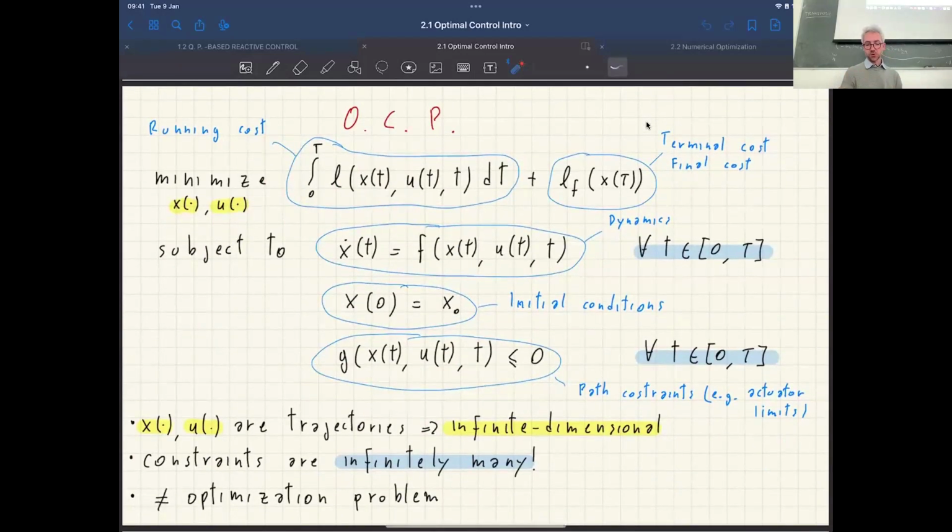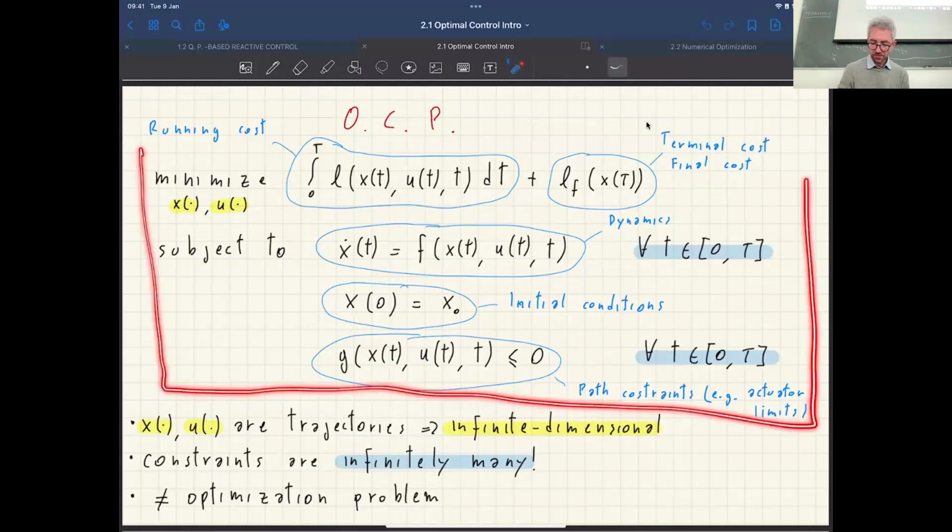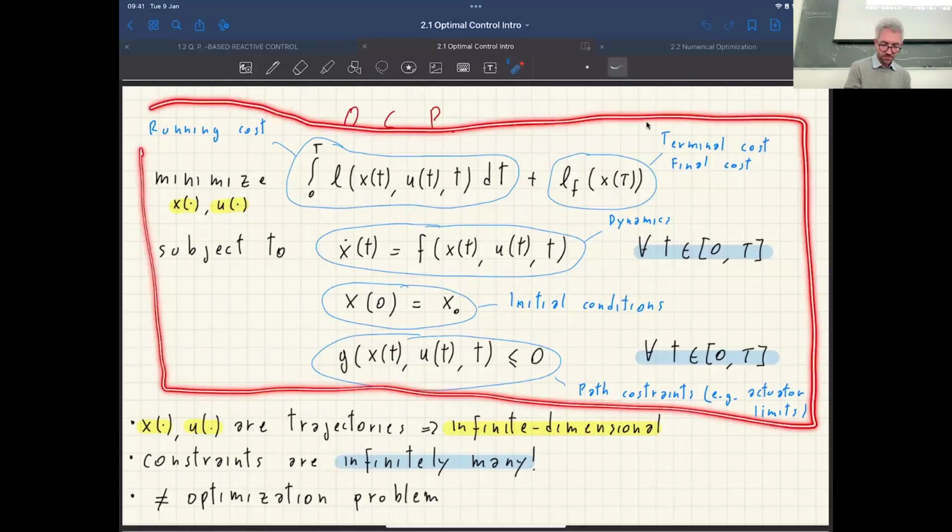Let's see how an optimal control problem may look in math. OCP, those are the initials for optimal control problem. I'm going to use them a lot, so memorize that. This is the optimal control problem. And you can see at first sight, it looks a lot like a standard optimization problem.